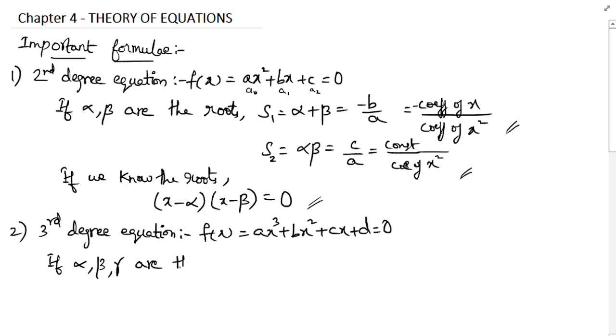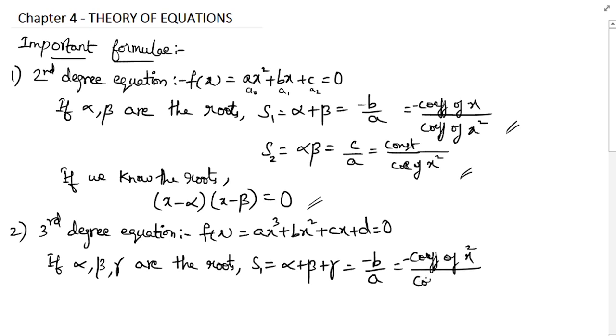Okay, if these are the roots, then S1 can be written as alpha plus beta plus gamma, which is equal to minus b by a here, that is minus the coefficient of x square by the coefficient of x cube.